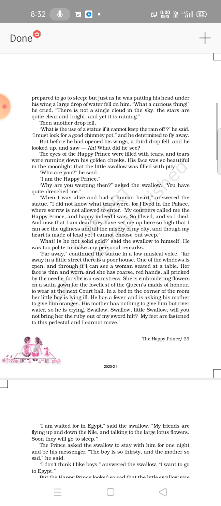The angel brought him the leaden heart of the happy prince and the dead bird. God told that in the garden of paradise, the little bird would sing forever. The happy prince would praise him forever in his city of gold.